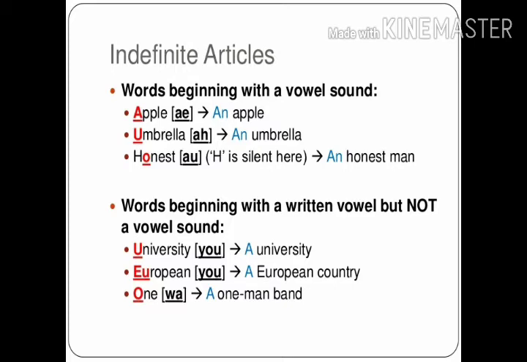European. Here E is a vowel letter but doesn't have a vowel sound. So we will write a European country. One. O is a vowel letter but it does not have a vowel sound. That's why we write a one-man band.